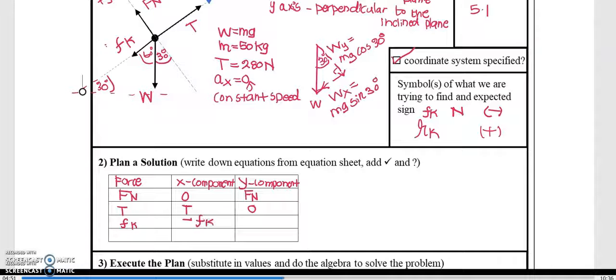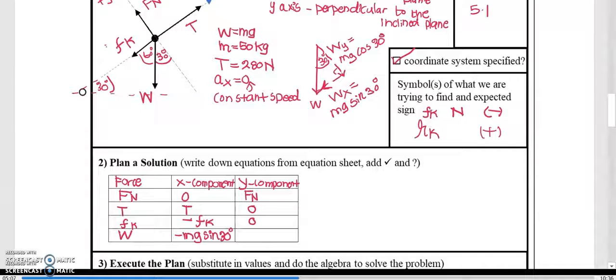Kinetic friction is negative based on the coordinate system. Friction opposes the motion. And weight has an x component and a y component. By looking at the vector triangle, you can see the x component is mg sine 30 and the y component is mg cosine 30. Both of them are negative based on the coordinate system.